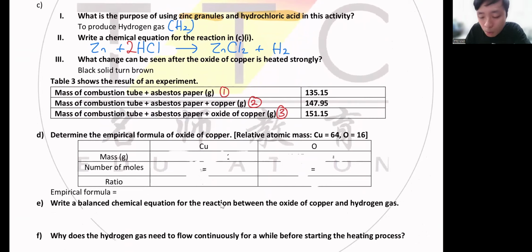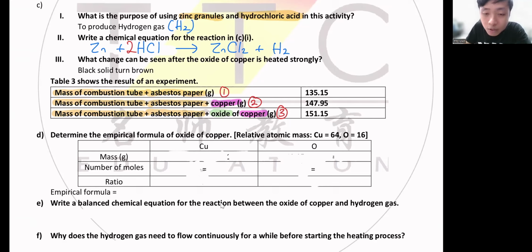If you want to find the mass of copper, you just subtract. Highlight for you: it's the mass of the combustion tube together with the asbestos paper. Then this one is the mass of copper, and another one is the oxide.